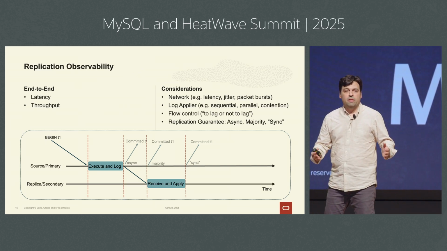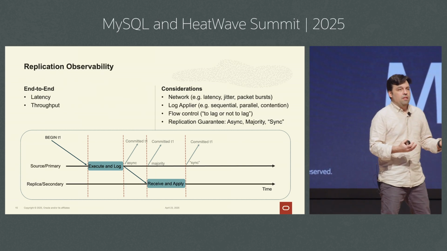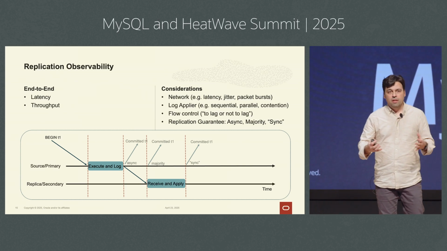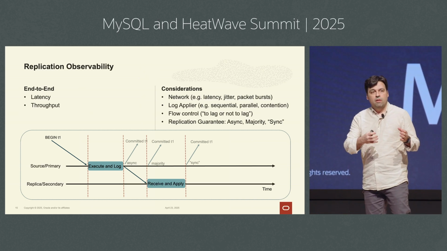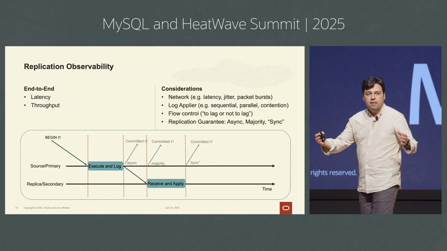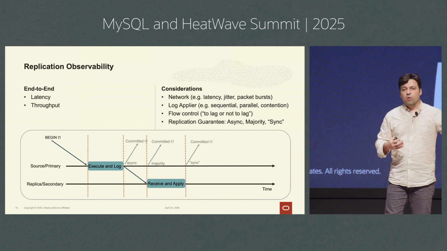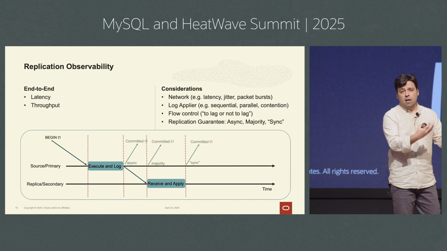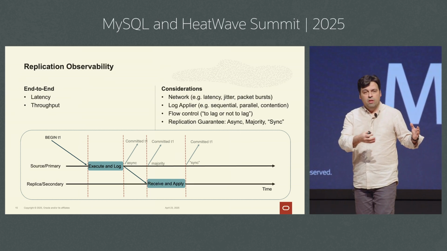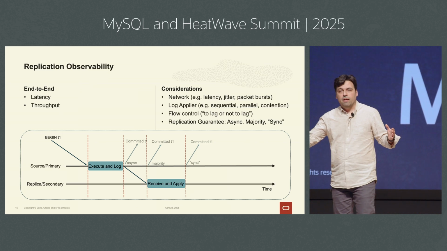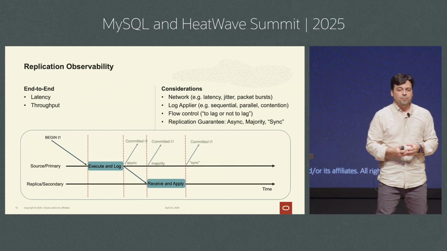End-to-end observability, which then translates into, when I think about latency of a data change in my cluster, in my topology, I need to think about how much time it takes for this change to go from wherever it was initiated, let's say a primary or a source in replication language, to a replica, a leaf replica in my topology, right?